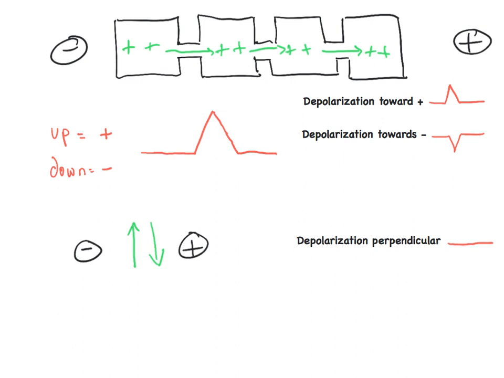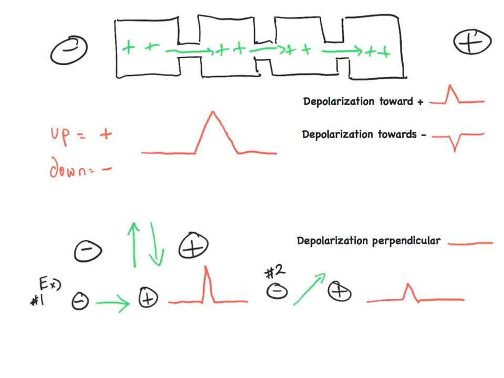So let's take a negative and positive electrode and show that we have a depolarization in the direction of the green arrow. That gives us this ECG tracing shown in red. However, what if the vector or direction of depolarization was this green arrow?